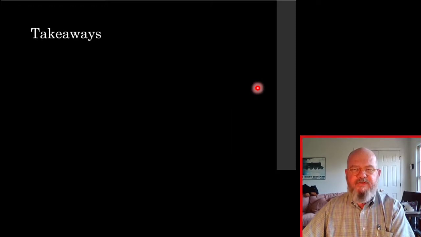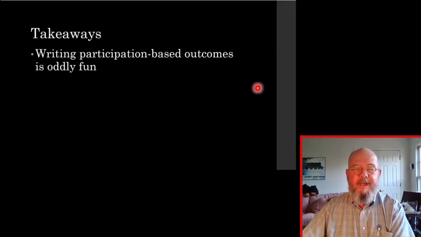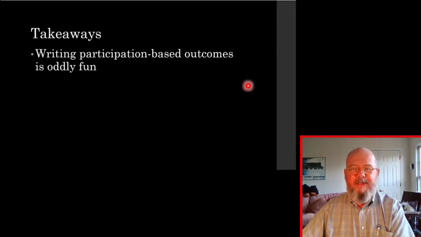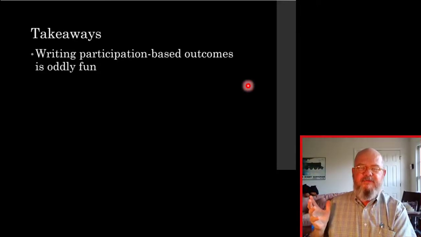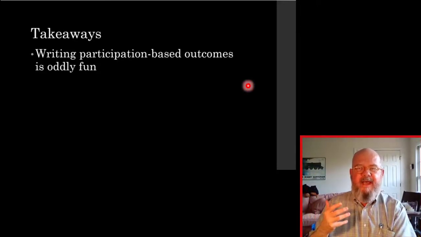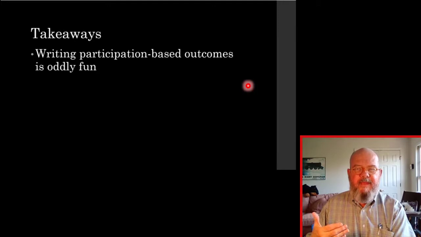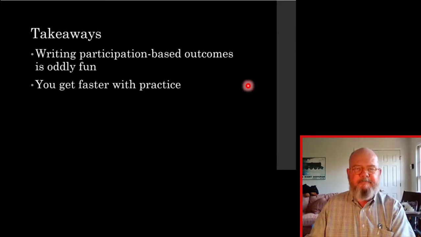So the takeaways for this class are that writing participation-based goals is oddly fun. I really like spending time doing that because you know that the family chose the goals, they came from the context of everyday family life, and our challenge is to put the measurement criteria on there that then get proposed to the family.